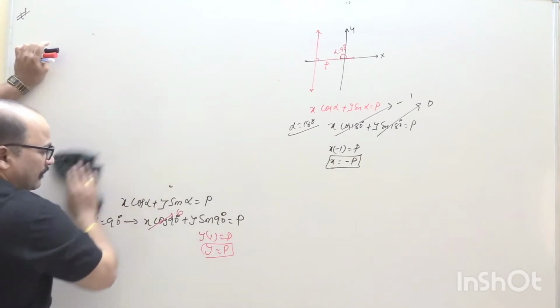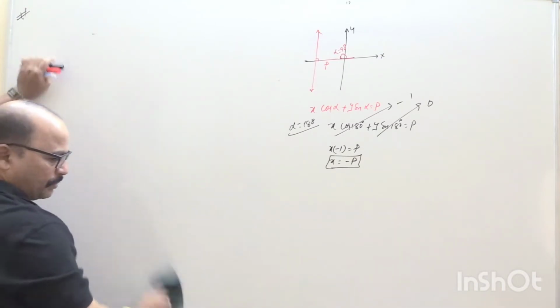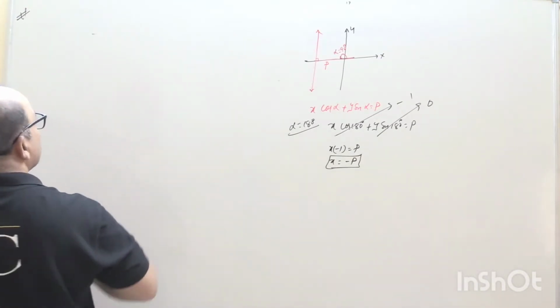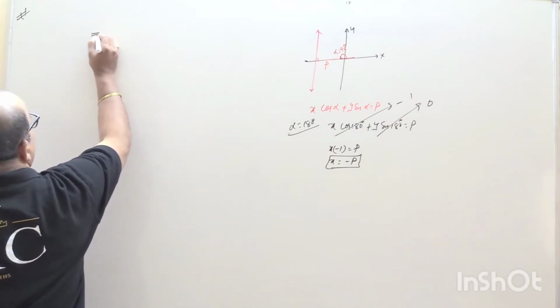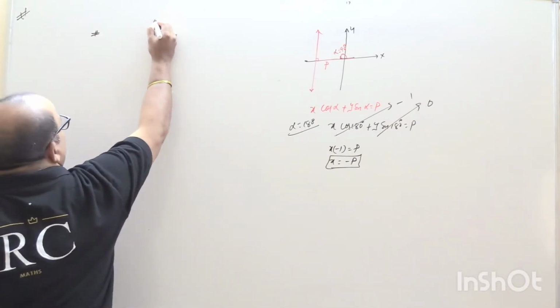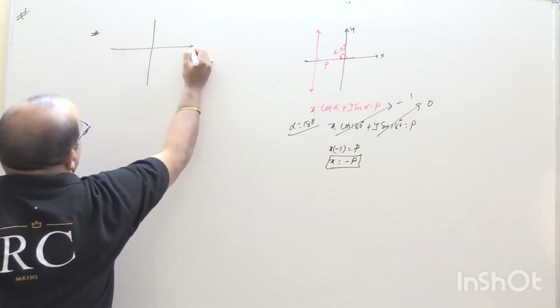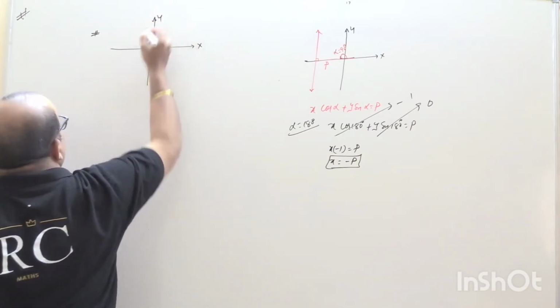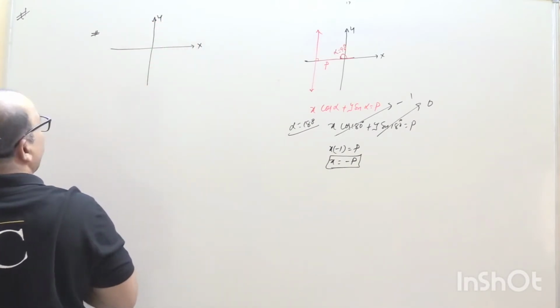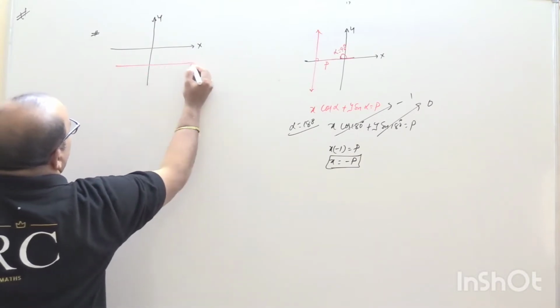The position in the fourth quadrant, that means turning 270 degrees, with the x and y axes. Now students, this is the red color equation.